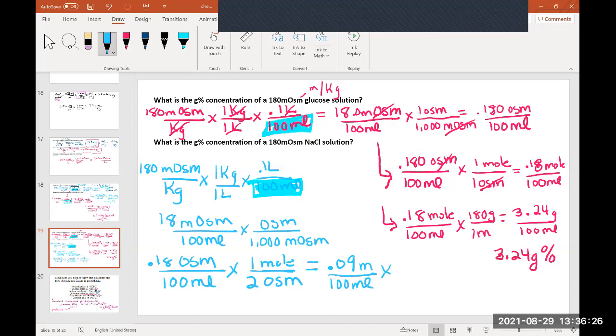So now I need to multiply that by 58.45 grams for every 1 mole. And now I have 0.53 grams for every 100 milliliters. So that's a 0.53 grams percent.